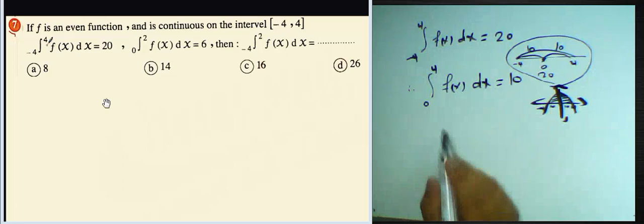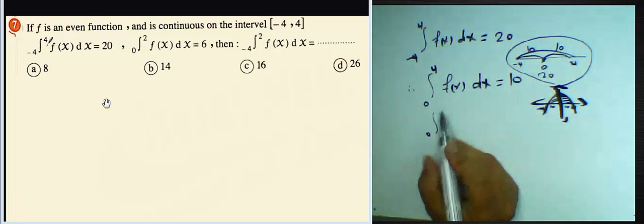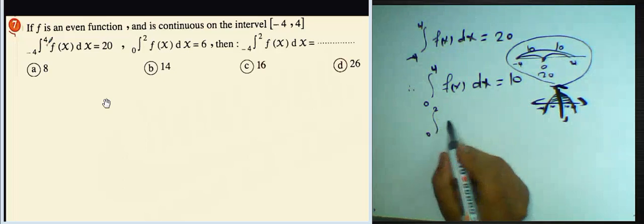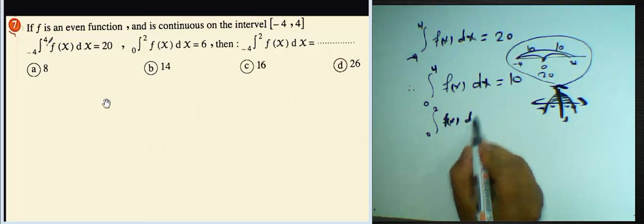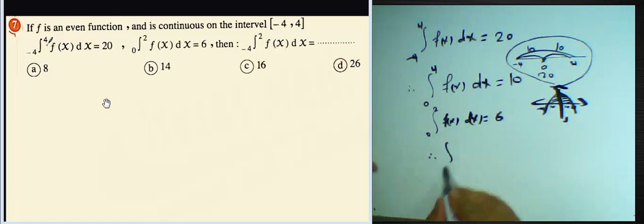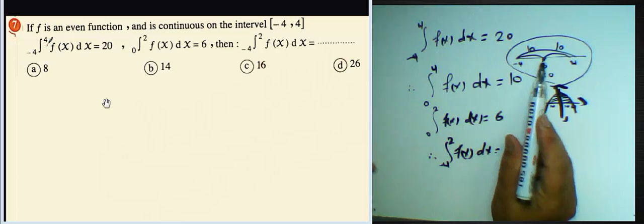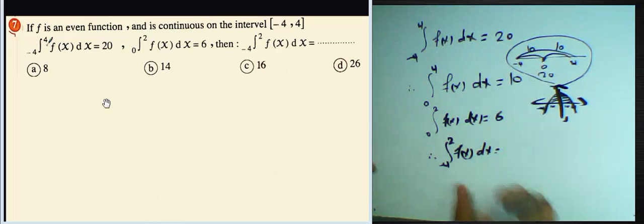Okay, and he gives us the integration from 0 to 2 about the function f of x dx equals 6. He wants to find the integration from -4 to 2 about this function f of x dx. We can distribute this function, right, from -4 to 0 and 0 to 2.